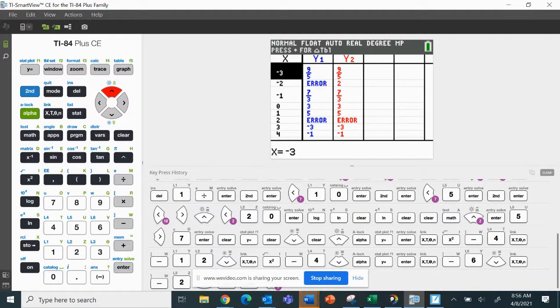Now, I moved with my arrows my X column, so it starts at about -3. If yours is up in the 200s and you don't want to arrow all the way to -3, tell me and I can help you fix it really fast.